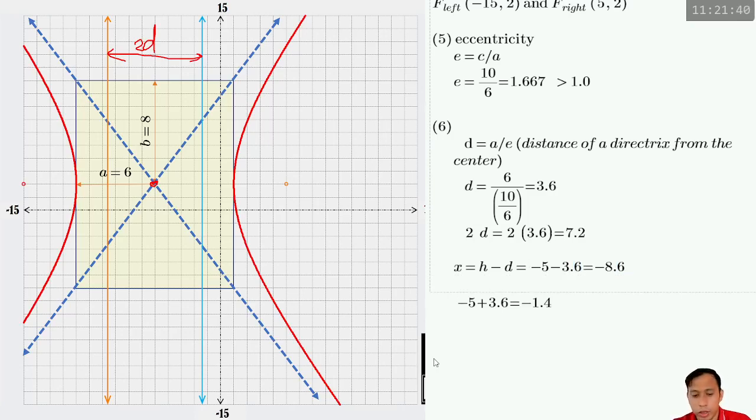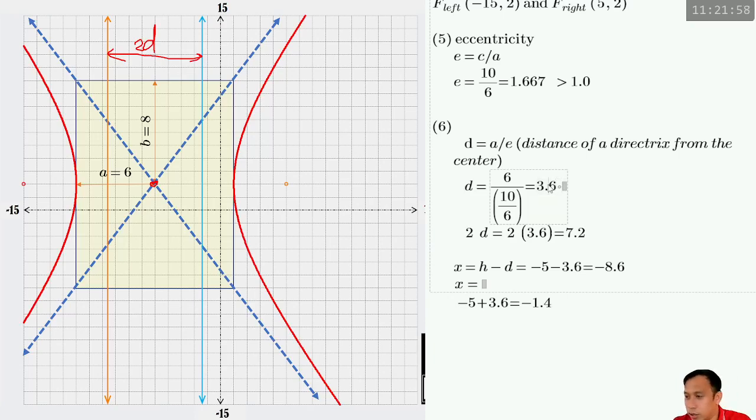X is equal to negative 8.6 or pwede mo siyang gawing fraction, no?